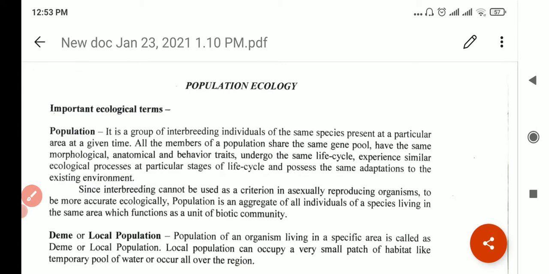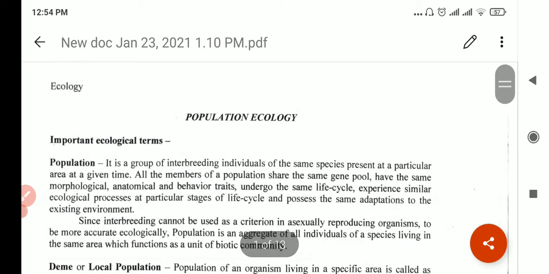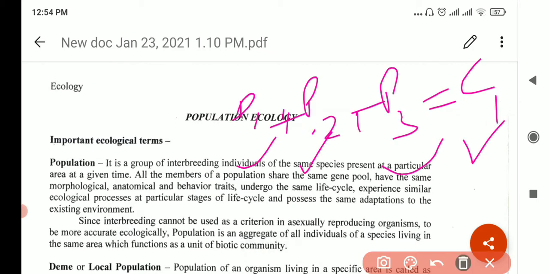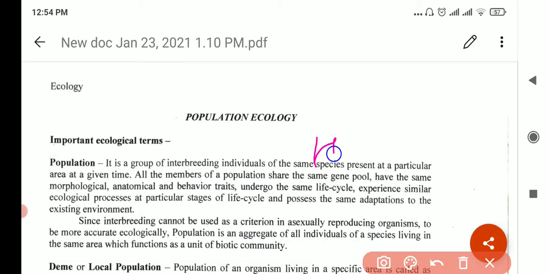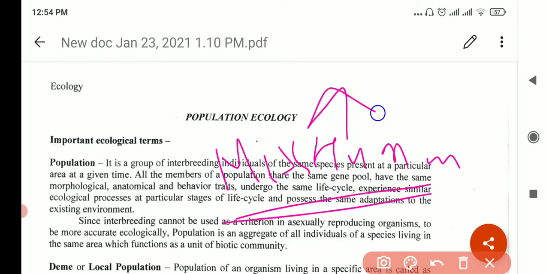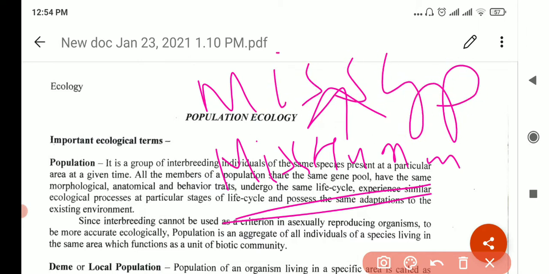So what is a population? If we start with the individual, that's a human. If we start with me, Miss, that is one single individual, right? Then a group of Miss, all the groups of teachers, that is our population, right?